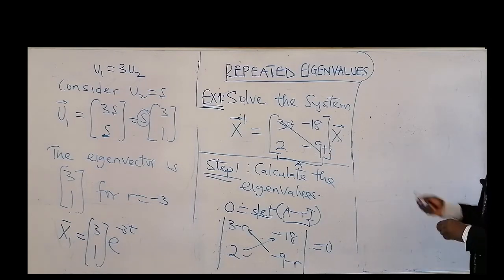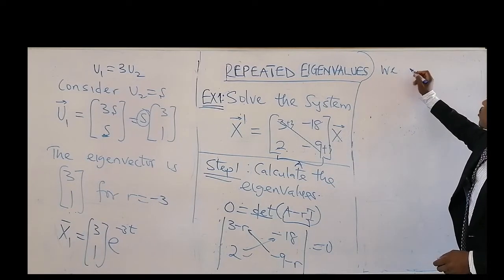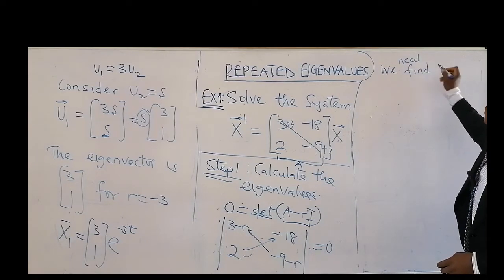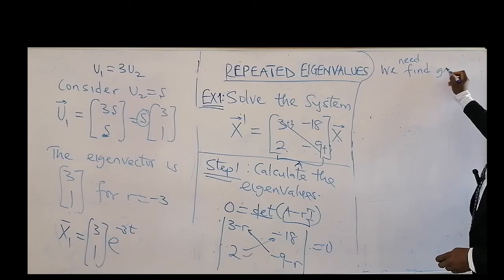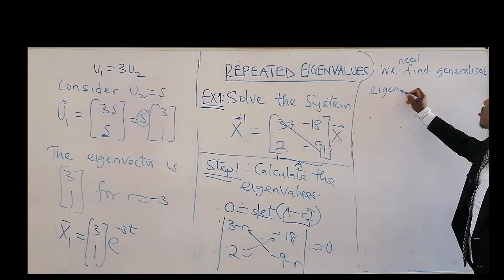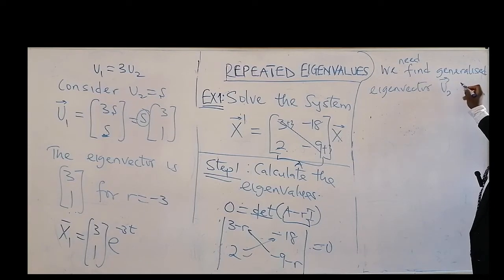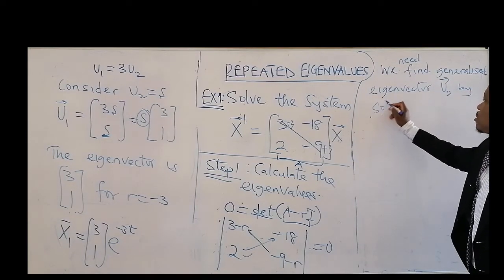So in that case, we need to find a generalized eigenvector U2 by solving.